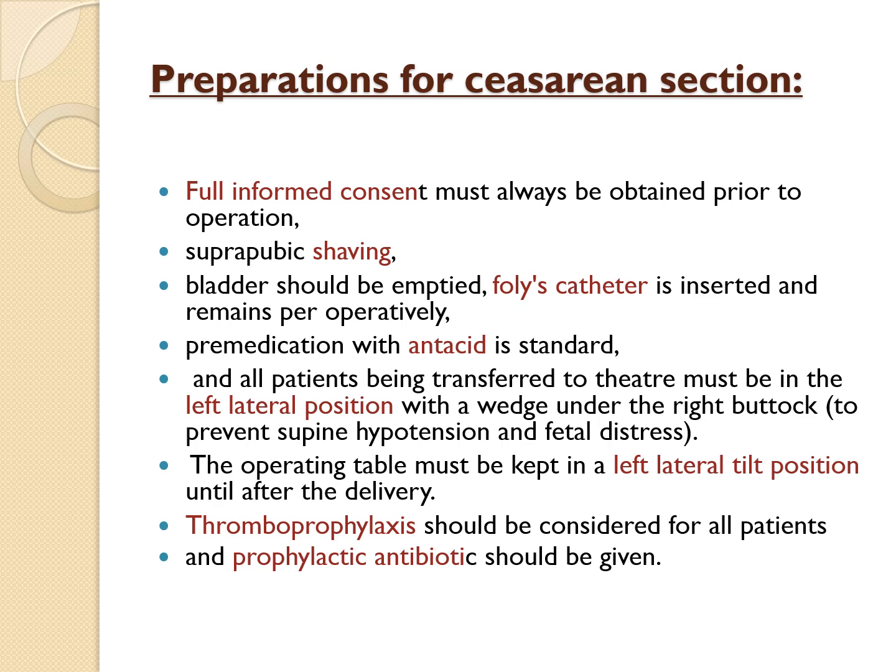Pre-medication with antacid is standard, and all patients being transferred to theater must be in the left lateral position with a wedge under the right buttock to prevent supine hypotension and fetal distress. The operating table must be kept in a left lateral tilt position until after the delivery of the baby. Thromboprophylaxis should be considered for all patients and prophylactic antibiotics should be given.